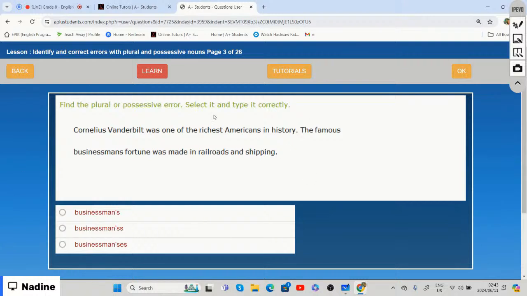All right, so if we were to choose a correct one, we will say it is businessman's fortune because it's the famous businessman's. We are referring to the businessman.